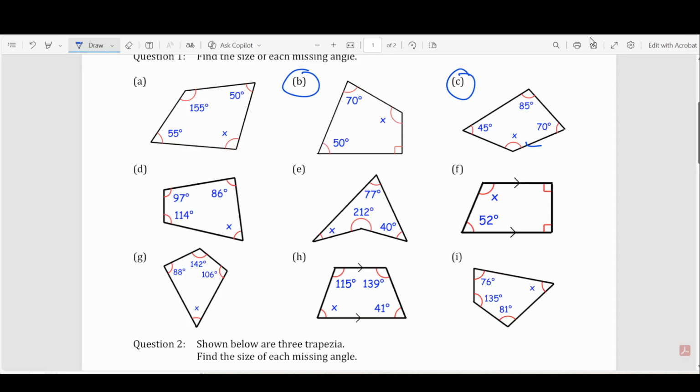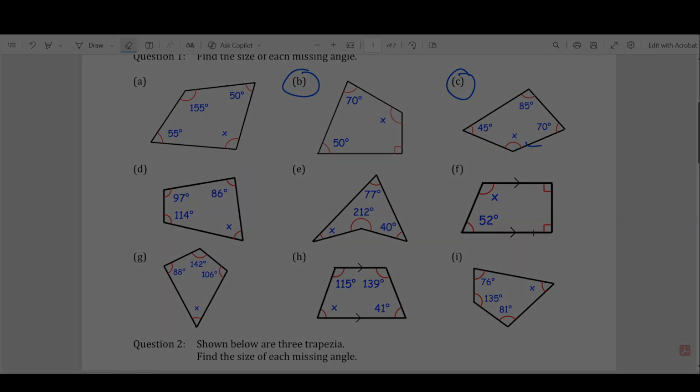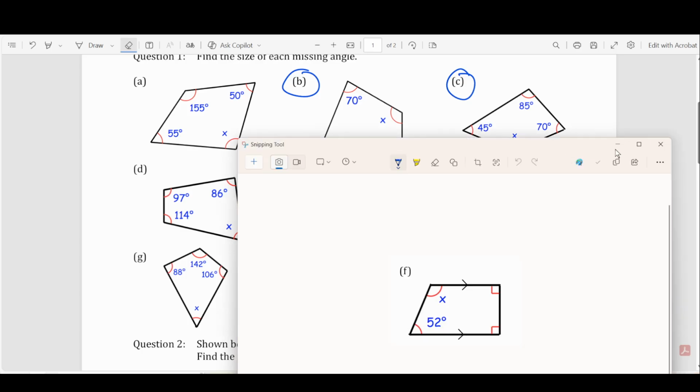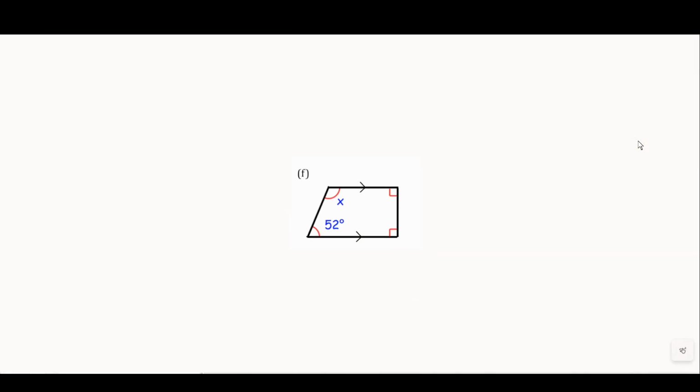Okay, great. Similarly, try this one, F. What are these two angles? What are the values? 90 times 2, plus 52. That is 232.